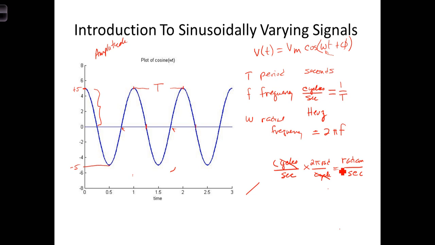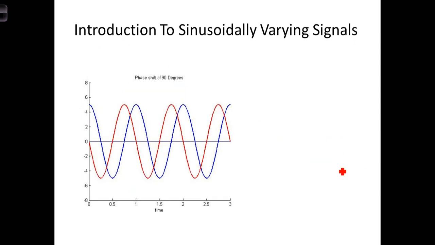There's one final parameter we want to introduce, and that is the concept of phase. We mentioned that we model this in terms of this V sub m cosine of omega t plus some phi. Phi we refer to as the phase term.